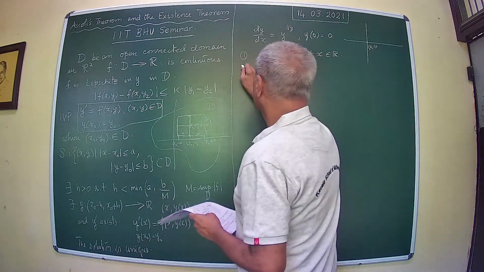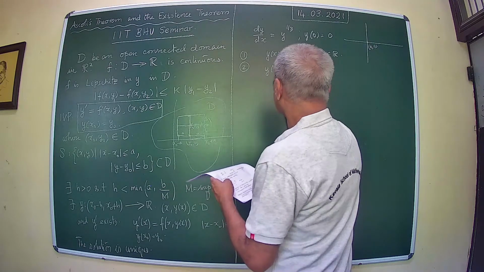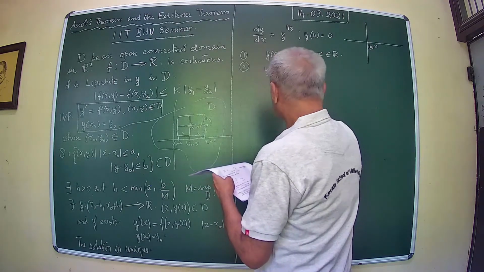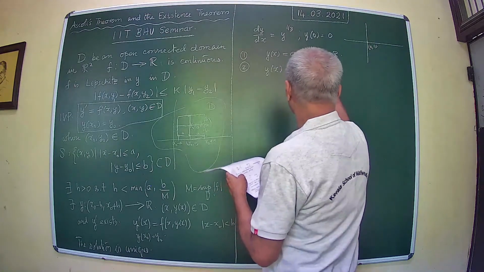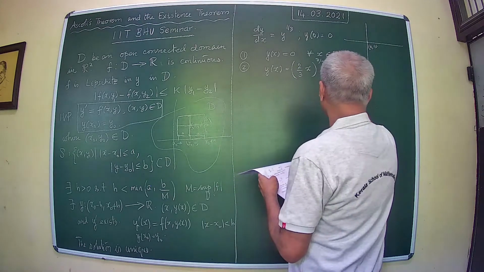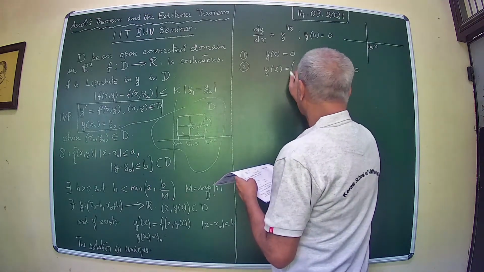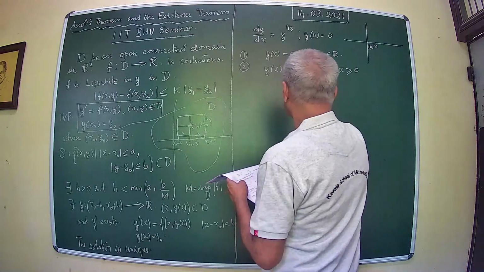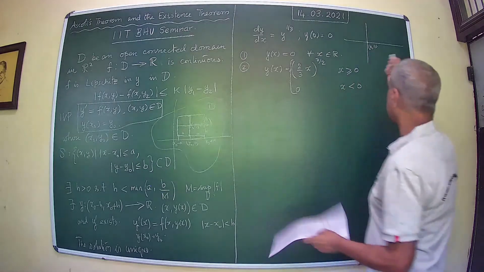The second solution is y(x) equal to 2/3 x^(3/2) for x greater than or equal to 0, and taken as 0 for x less than 0. And now the graph.